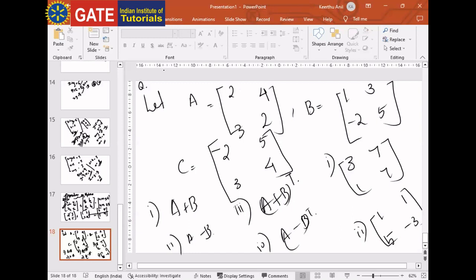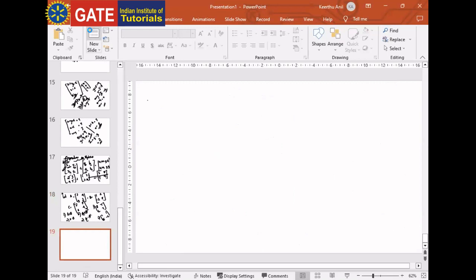Now for the same question, if I ask you to find 3A, what will you do? Multiply 3 into A matrix. You should multiply 3 into the A matrix means you should be multiplying the 3 with all the elements, right?